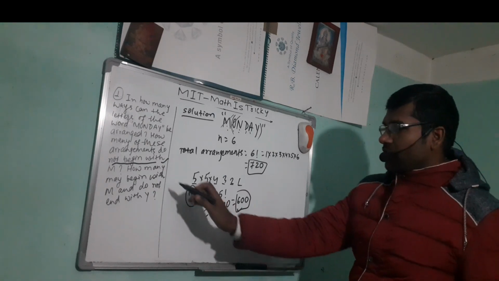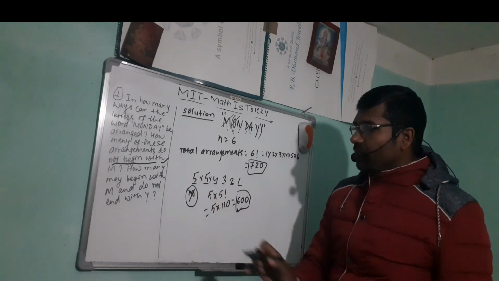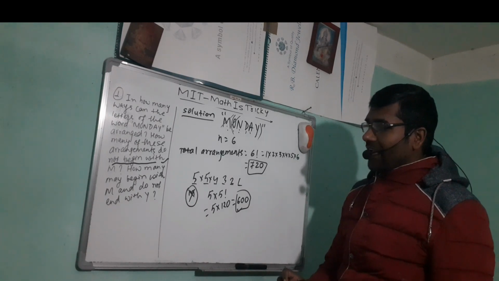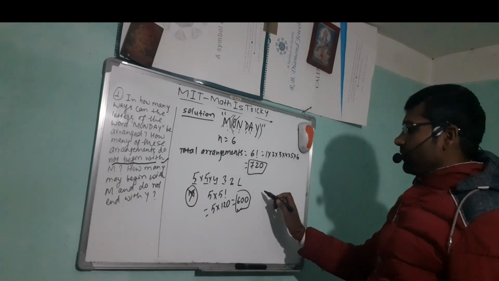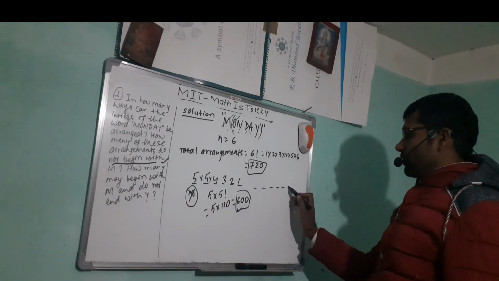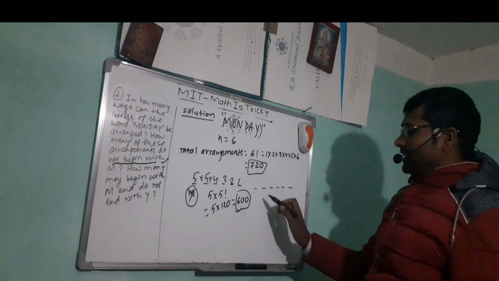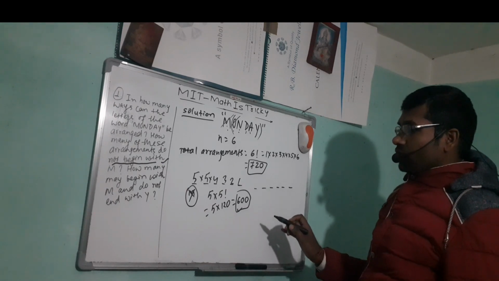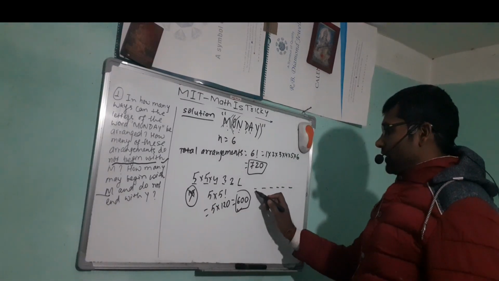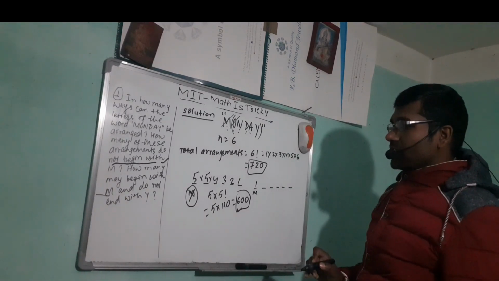Now for the third part, how many begin with M and do not end with Y? So for the third part, 1, 2, 3, 4, 5, 6. Let's write 6 places. Beginning with M means we have to put M first, so only one choice.